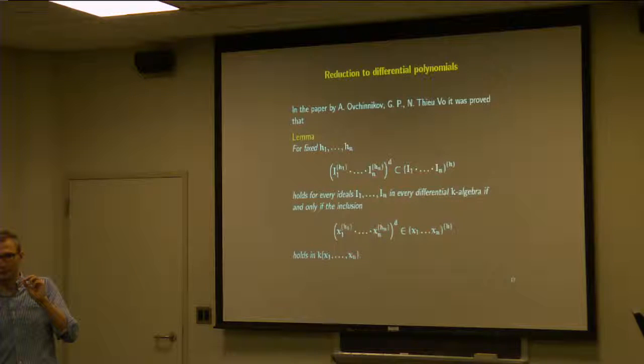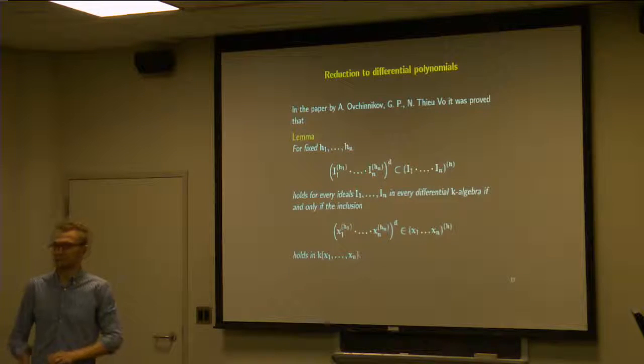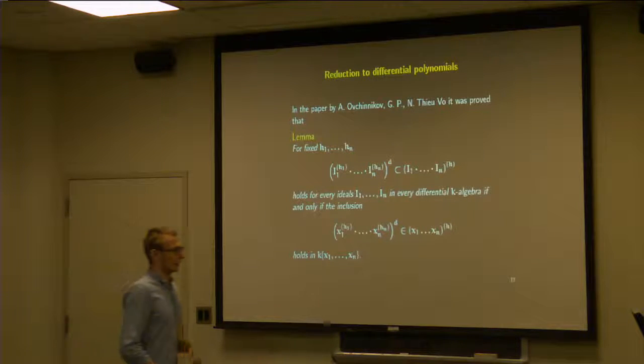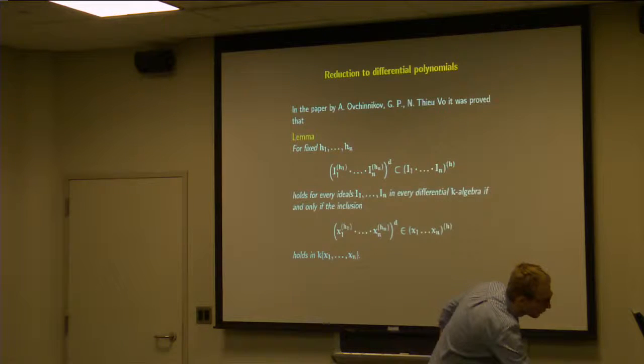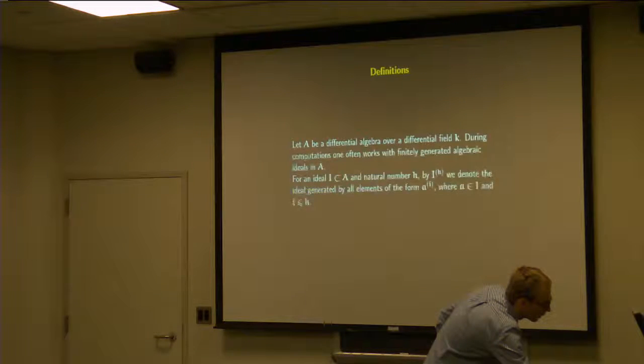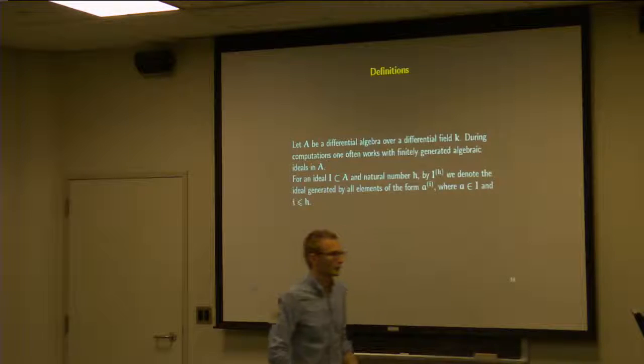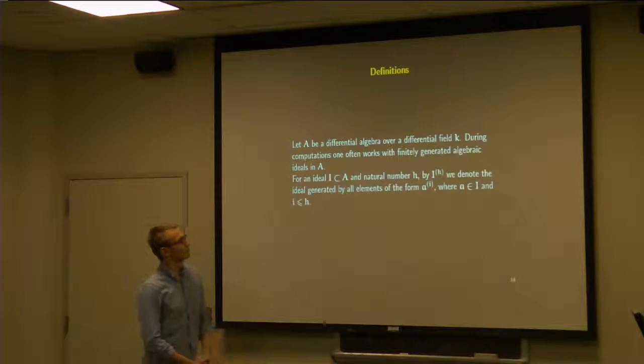Not differentiating each time, derivatives up to h1. Do you have this definition on the previous slide? Could you write out that definition precisely for me, please? Because there are many ways to look at prolonged ideals. It's right there.